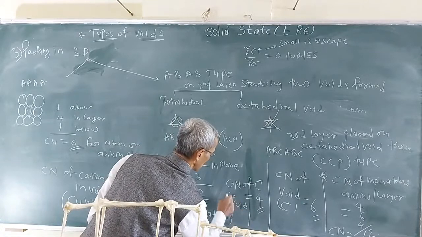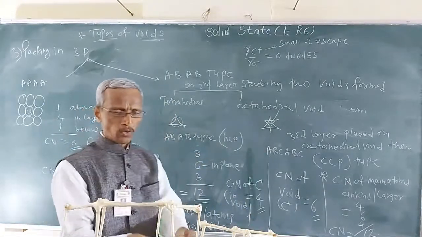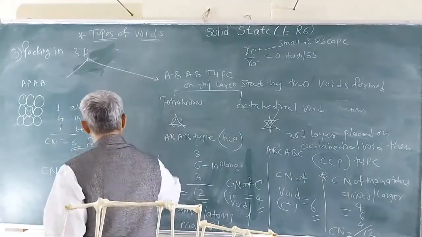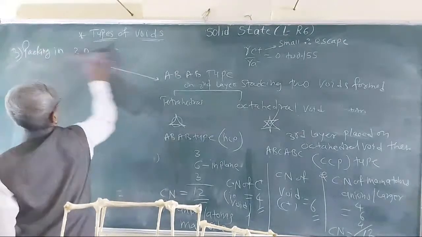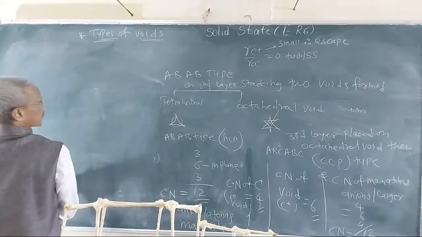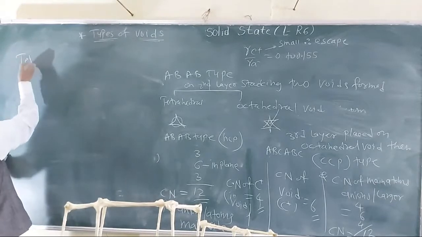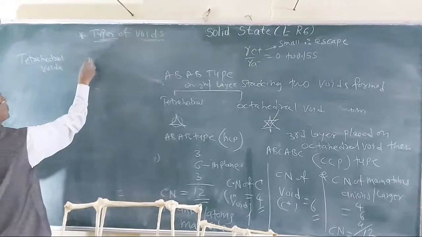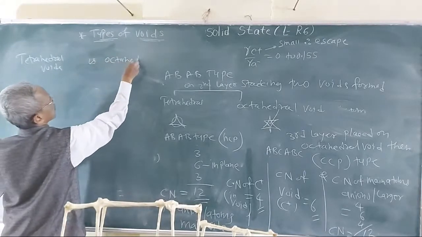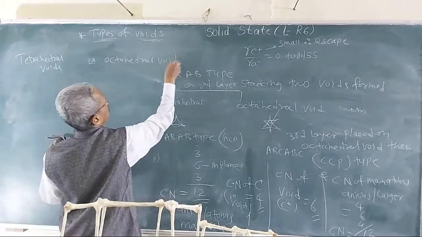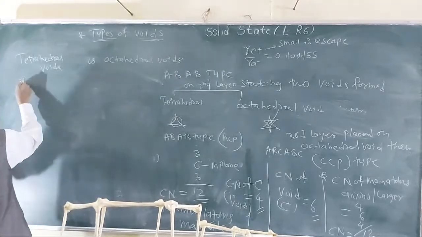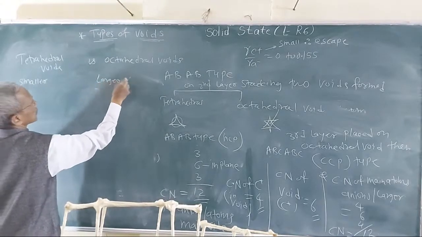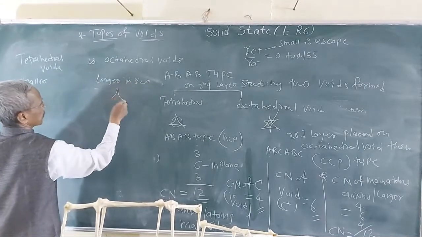Okay, in void. Okay, so here one can distinguish the tetrahedral voids and octahedral voids like this. If you consider tetrahedral voids versus octahedral voids, larger of course, smaller, larger in size, like this.